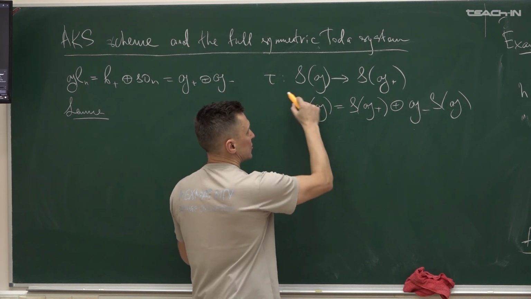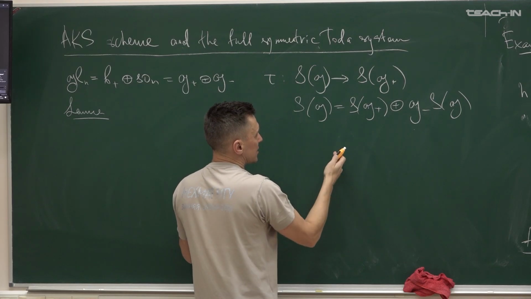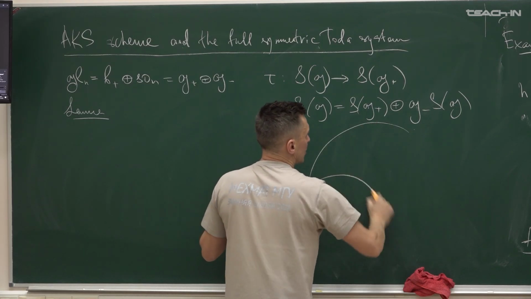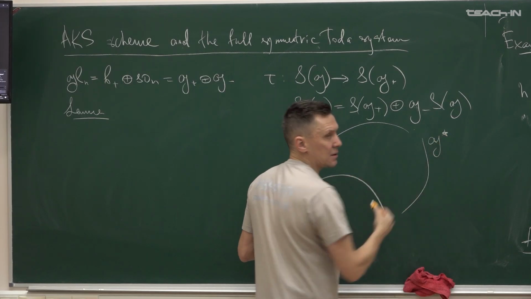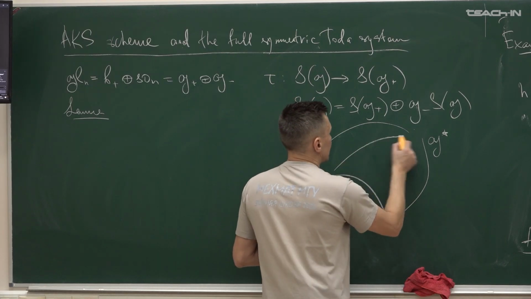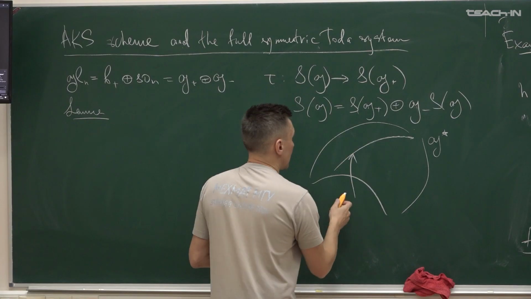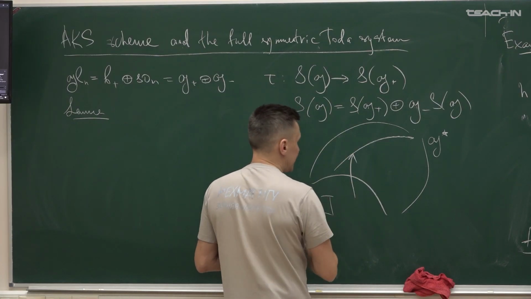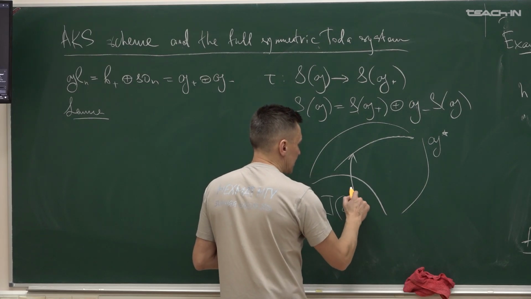Useful for us to interpret this tau as a restriction of our functions. So we have our space G star, and in the space there is a subspace which is the ideal of G minus.